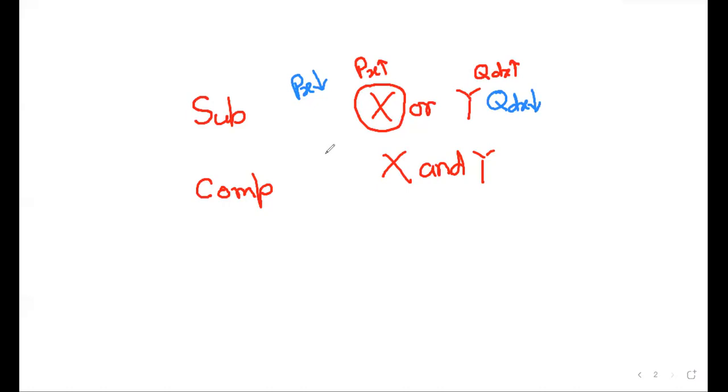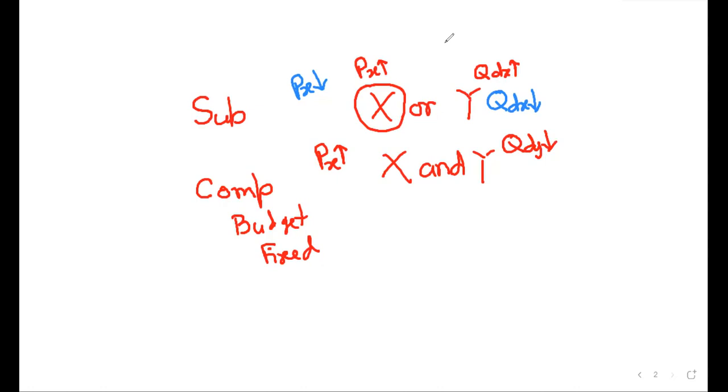Now, what about complements? If the price of X increases and our budget is fixed, then what happens? Do we demand more of Y or less of Y? Less of Y. So they're now moving in opposite directions.